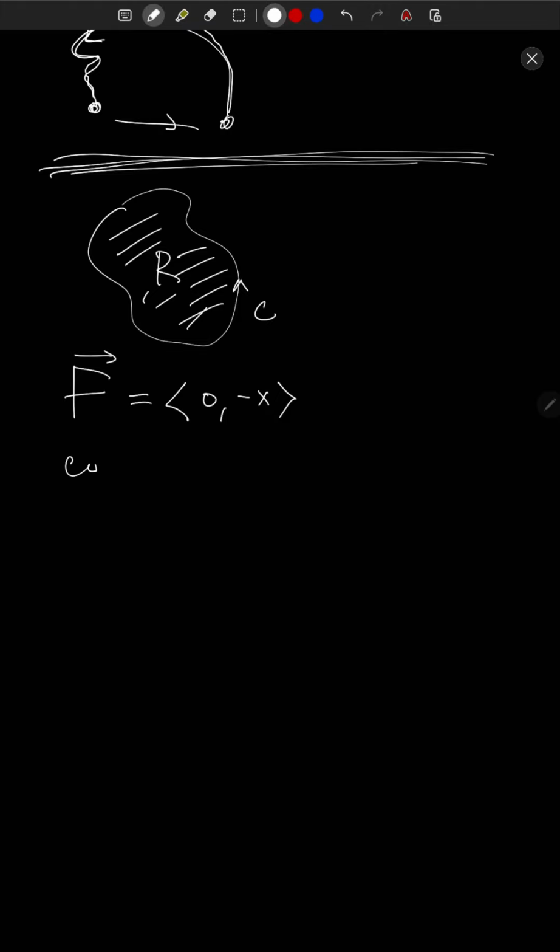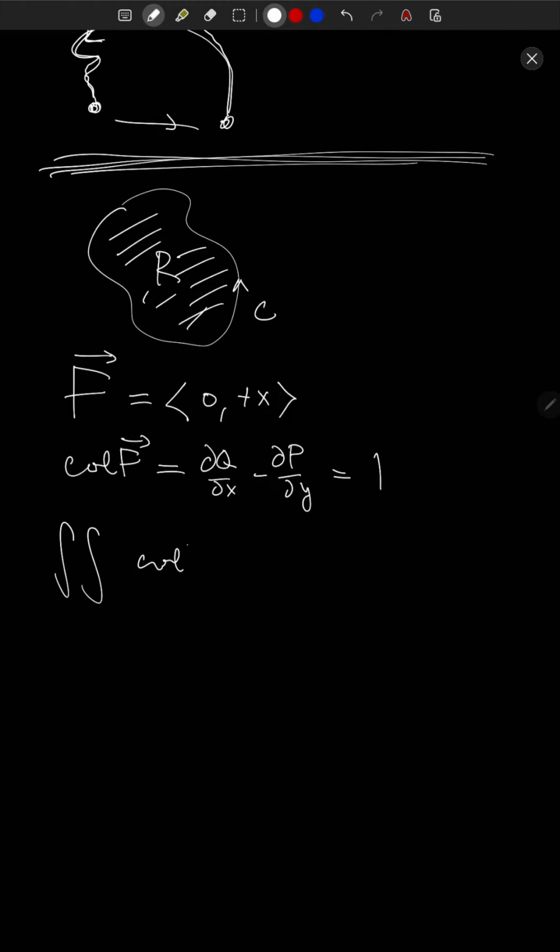Okay, then what's the curl of F? Curl of F is going to be, actually I want plus here, sorry. dQ/dx minus dP/dy, which is just going to be, well, dP/dy is 0, dQ/dx is 1, right? Okay, so let's write down Green's theorem.